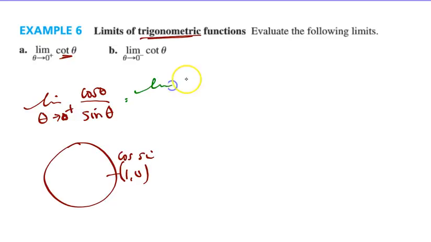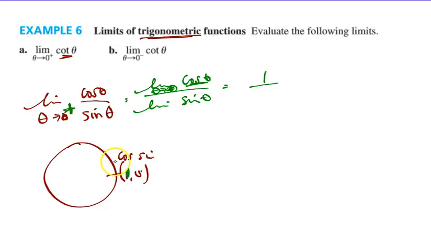You can evaluate the limit of cosine, but we have a hard time evaluating the limit of sine because sine is 0 and you don't want to divide by 0. So fortunately it's a right-hand limit, so I'll just do direct substitution. If I throw 0 in up here, cosine of 0 is 1. So it's 1 over 0, but it's not really 0 because I'm thinking of something really close to 0 from the right. So I'm thinking of like 0.000001.